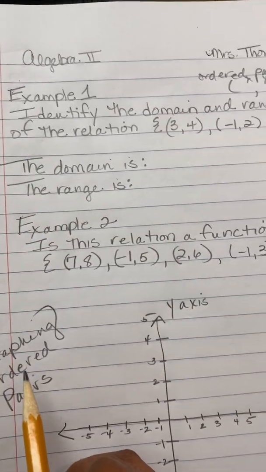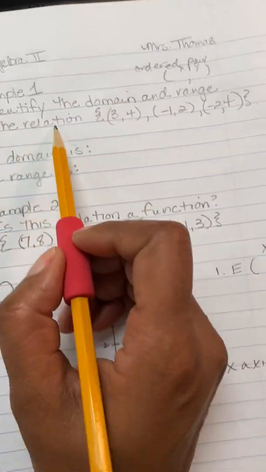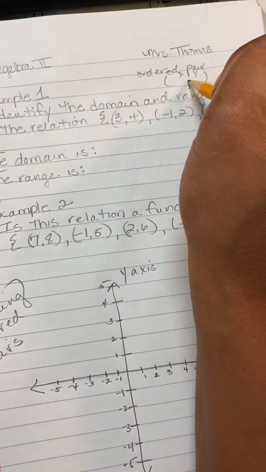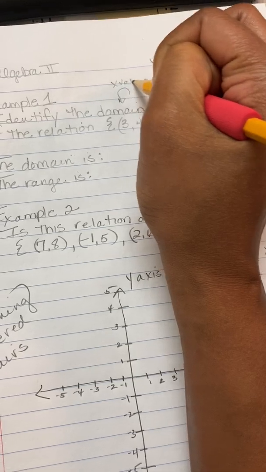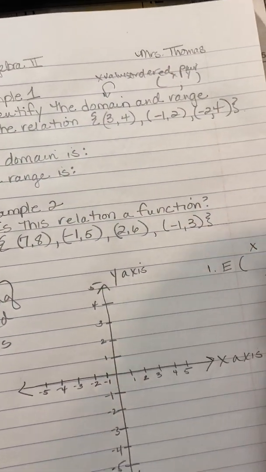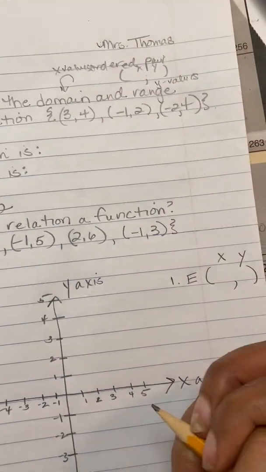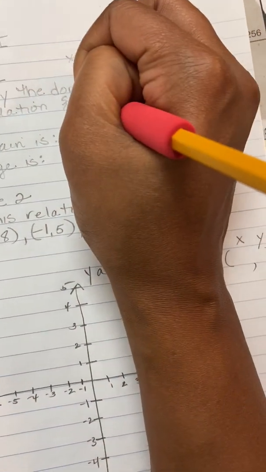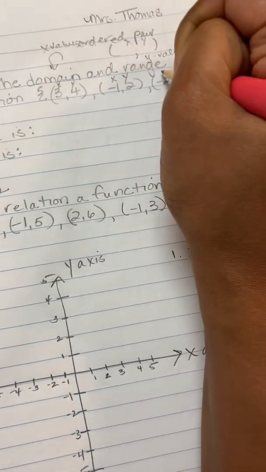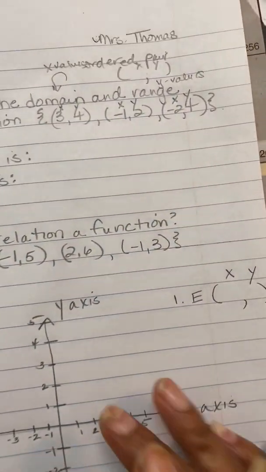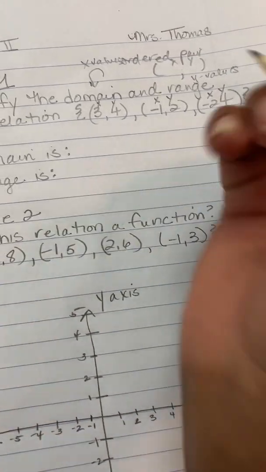So let's get started. Example 1, identify the domain and range of the relation. We've talked about the domain being x values and the range being our y values. So let's identify the x and y values, which makes that a little bit simpler.